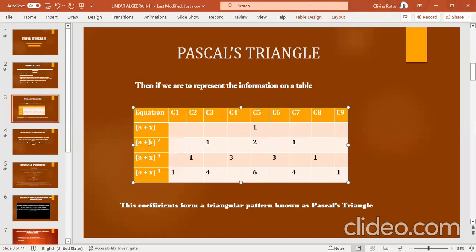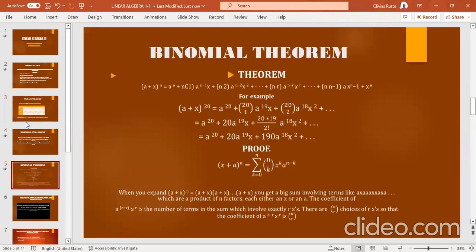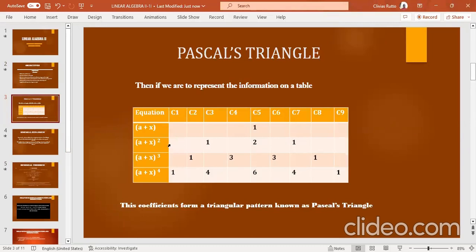Now, when we expand A plus X squared, we're going to get A squared plus 2X plus X squared. So the coefficient of A squared will be 1, the coefficient of X alone is 2, and the coefficient of X squared will be 1.